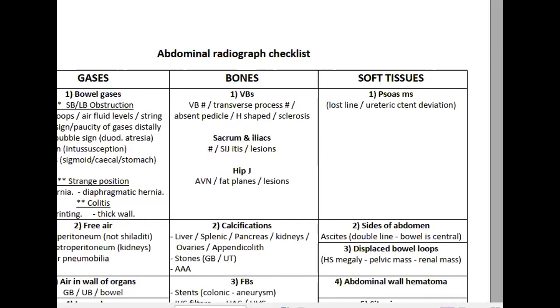Okay, let's go to another checklist in the abdomen.